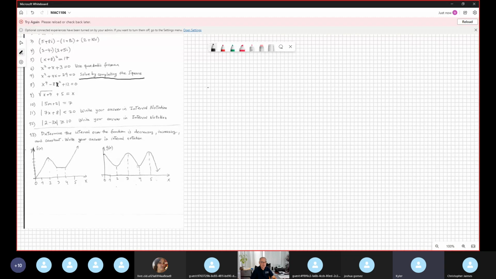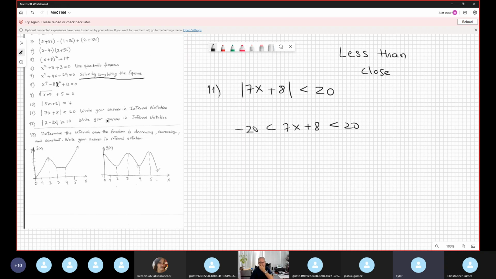So now it's a little bit different. 11 is absolute value of 7x plus 8 less than 20. In this case, less than is one mnemonic to remember: it's like close, not too far. So you remove the bar, and 7x plus 8 is in between 20 and minus 20, because if the expression is negative, it's the same distance, no?